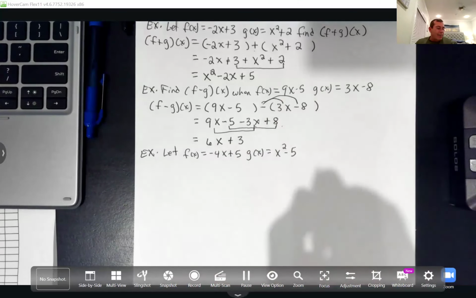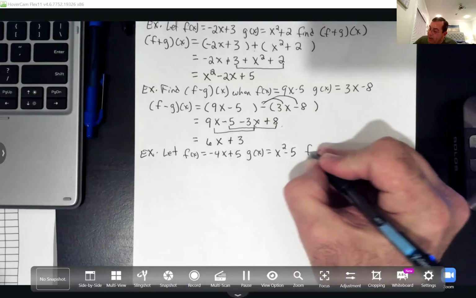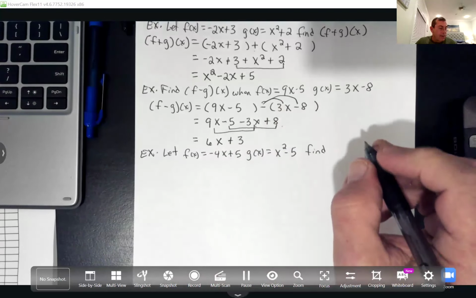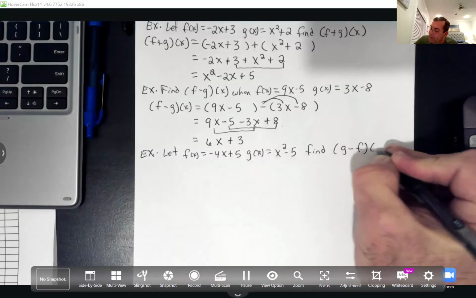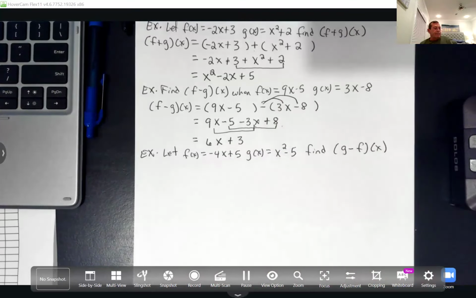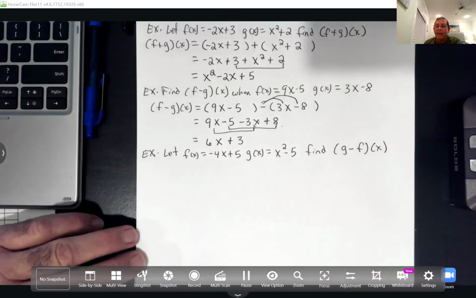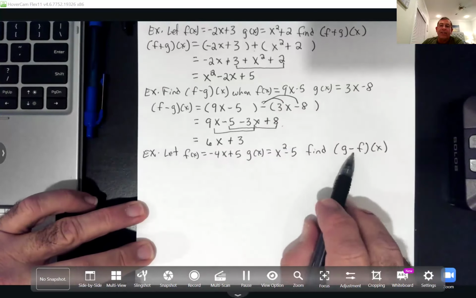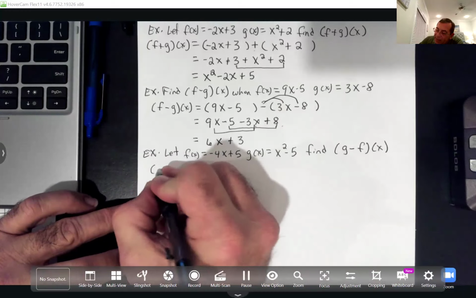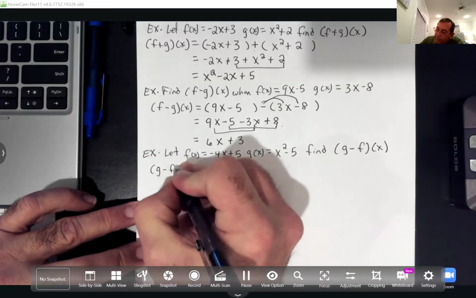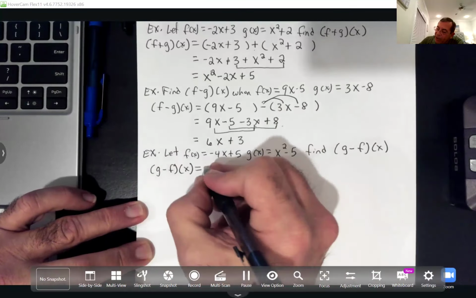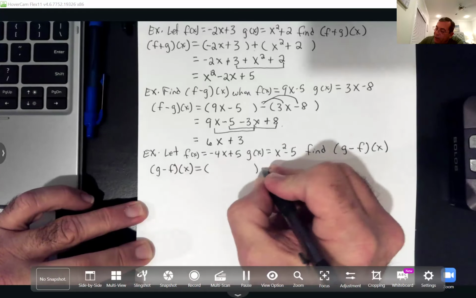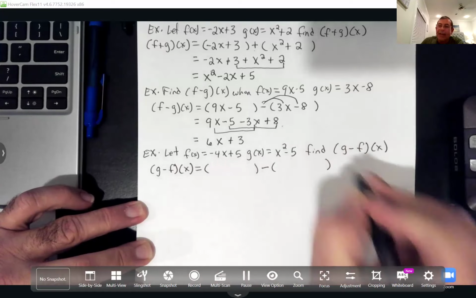But y'all, this time, let's say I want to find g minus f of x. So we know we're going to find g minus f of x. So subtraction, I'm going to put everything in parentheses and subtract.